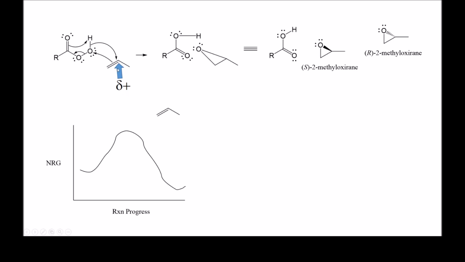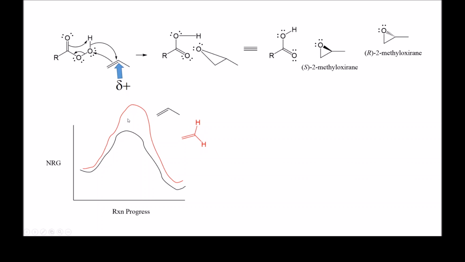If we compare how this reaction looks energetically with, let's say, ethylene, or ethene is the systematic name, when you try to draw the same arrows but you use ethene instead, when the pi system hinges out into the oxygen, it's going to leave behind a primary carbocation on ethene, the red. The black would leave behind a secondary carbocation.